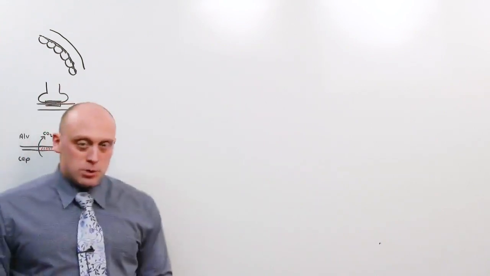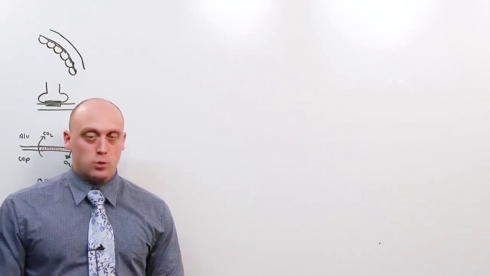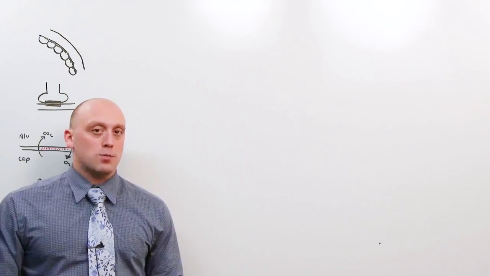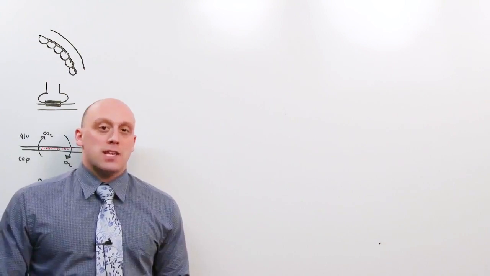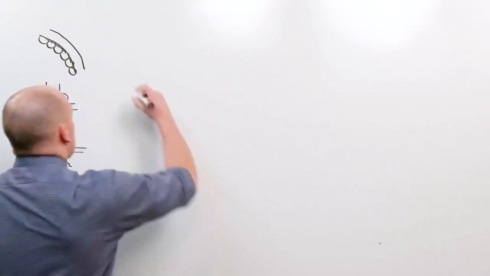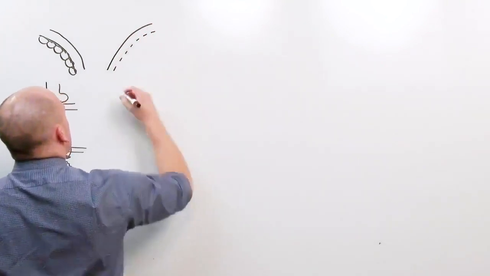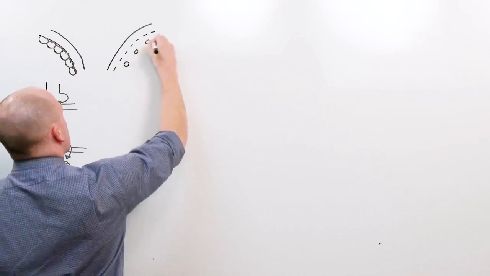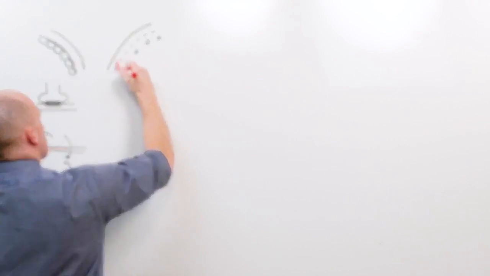In ARDS, which is defined as a non-cardiogenic pulmonary edema, and you're going to hear me say those words a lot, non-cardiogenic pulmonary edema that's not from hydrostatic forces is caused by leaky capillaries. And so this capillary now lets fluid out, fluid that's not supposed to be there. And what happens is this is a very confined space.